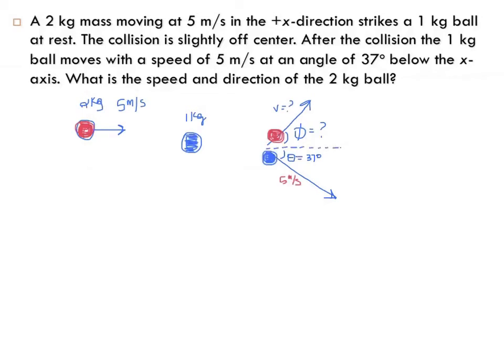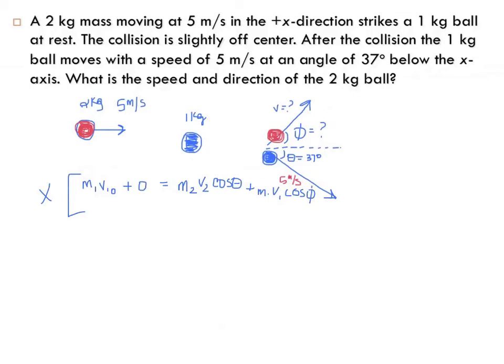So let's start with our momentum in the x direction. At the beginning, we know our momentum of our first object will be m1 v1 naught plus 0, because my second object is at rest, is equal to m2 v2 cosine theta plus m1 v1 cosine phi.